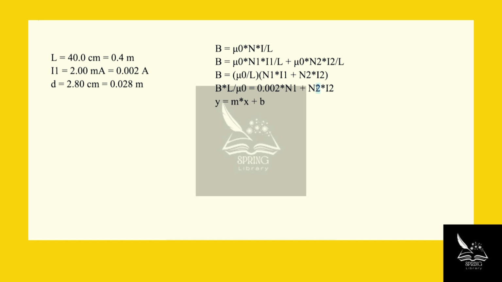So N2 is really going to be the slope, the equivalent of this m. X is the variable that we're changing, so that's I2. And then we have this other constant here, 0.002 times N1. Again, N1 is just a constant we need to determine, and that's our b. And y is just the resulting variable that we're going to get. So this is in the form of a straight line, which is why we expect to see this straight line when we plot this data.